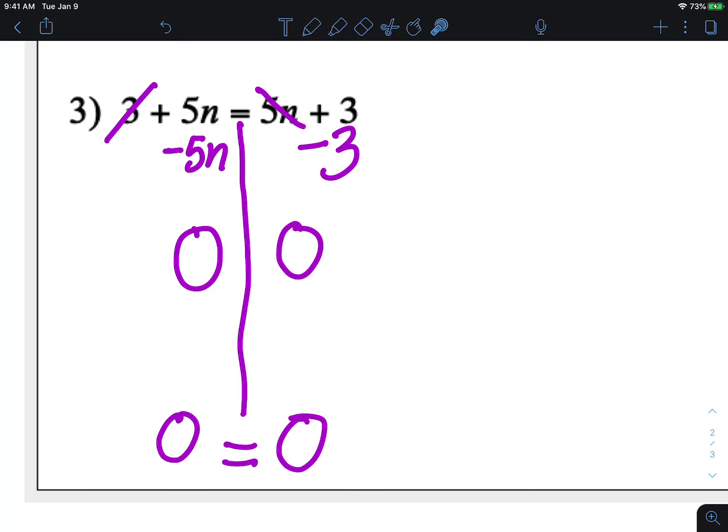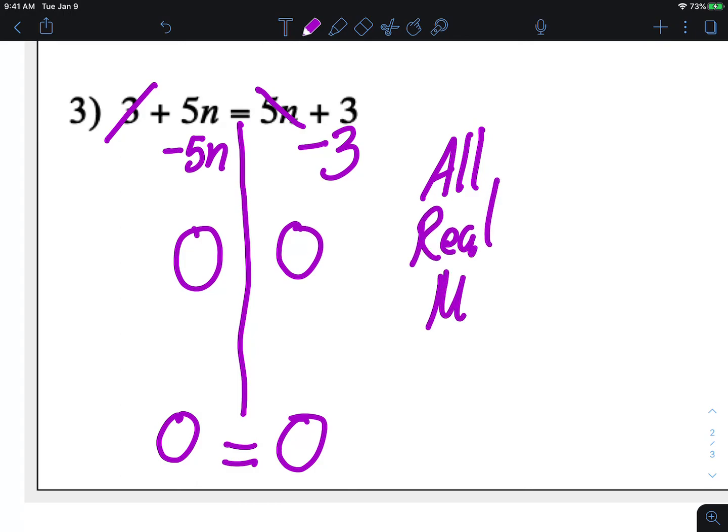It's n and n. These two sides are going to be equal. So when that comes up, the solution is all real numbers.